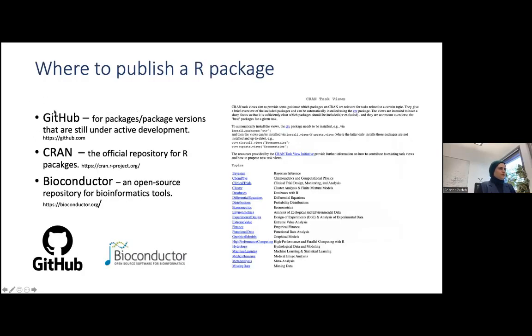The main streams for publishing your R package are, first, GitHub. I presume most of you have heard about GitHub. This is an online repository where people publish their code, and it's actively used for software development. It enables tracing of the different changes that you applied to your software or package.